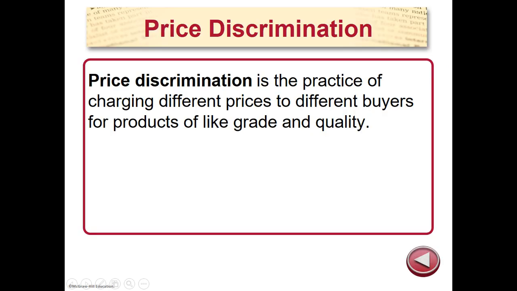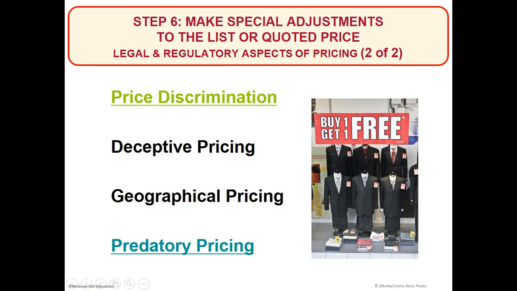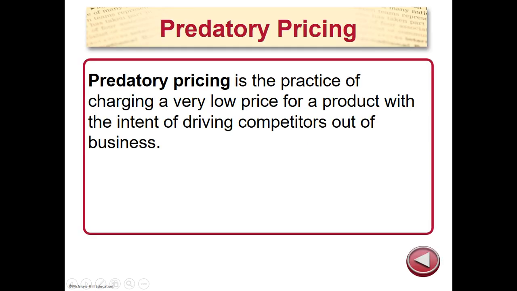That's the practice of charging different prices to different buyers for products of like grade and quality. Basically, you discriminate against buyers with regard to price. That's not good. There's also deceptive pricing, that's no good. Geographical pricing, no good. Predatory pricing is the practice of charging a very low price for a product with the intent of driving competitors out of business. That's not good, it's illegal.